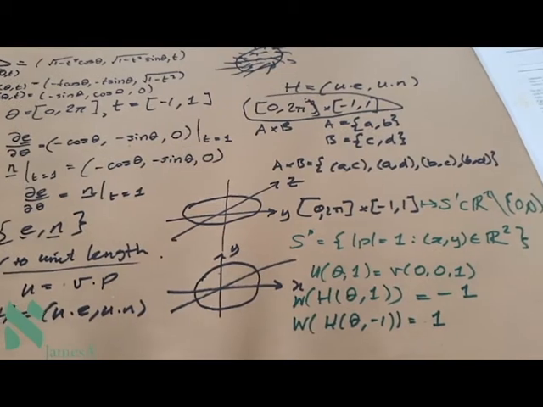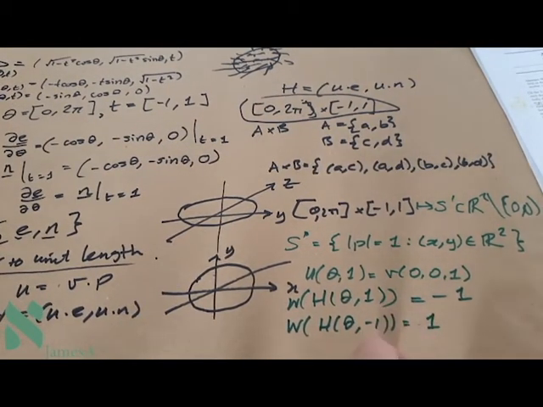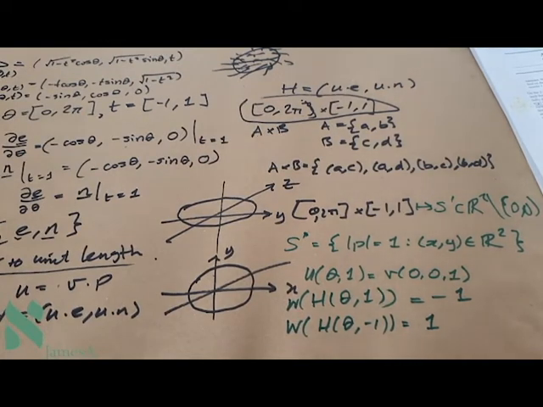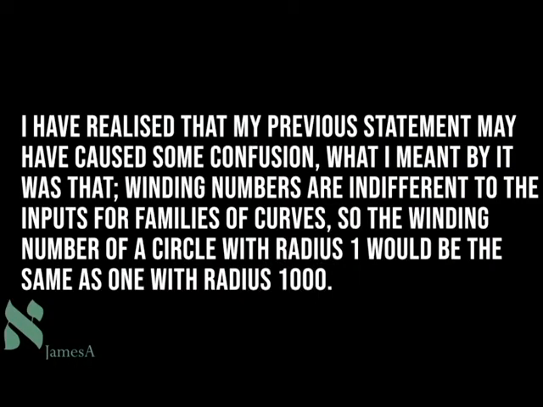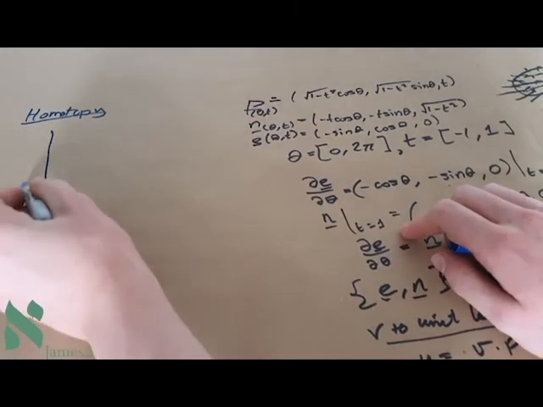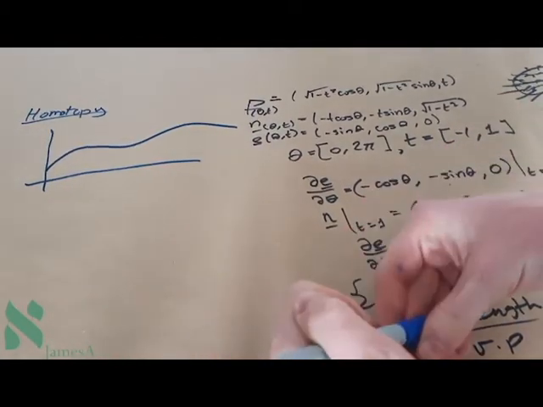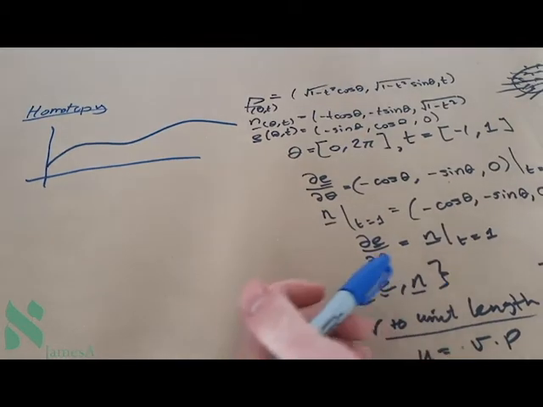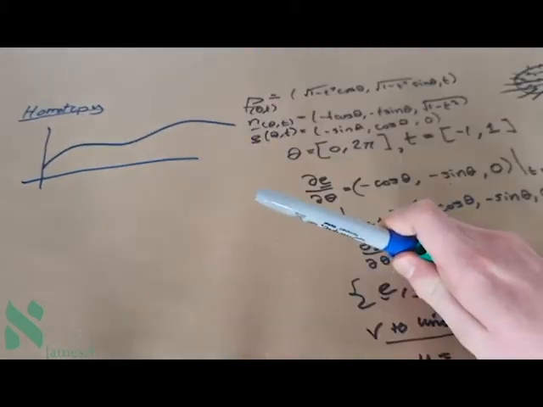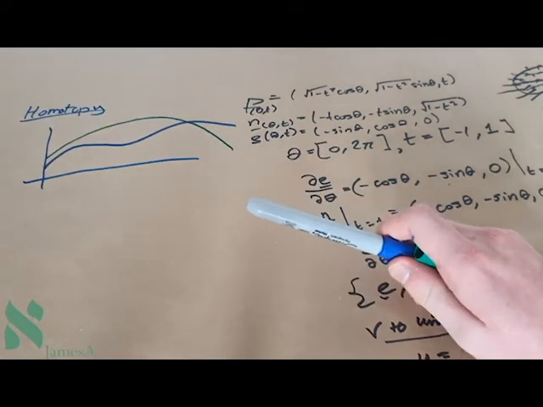Do you remember what I said earlier about the invariance of winding numbers? That a winding number should stay the same even if you change the variables in the equation. A homotopy is when you take a function and you're able to use the rules of topology on that function, i.e. not making any holes, turn it into another function of that kind.